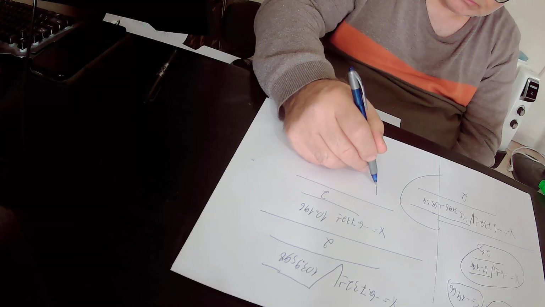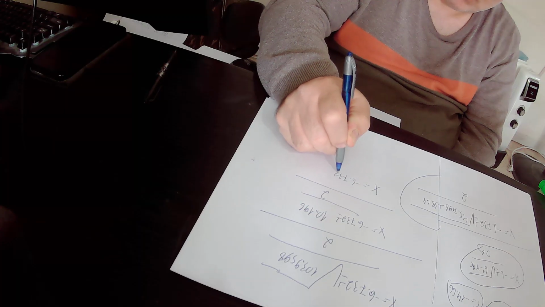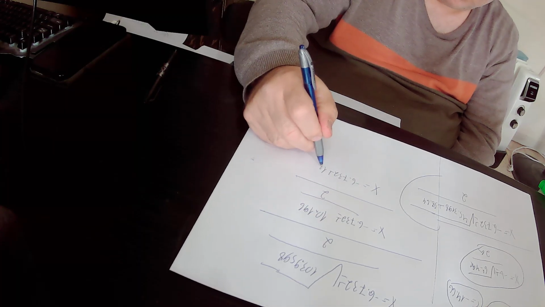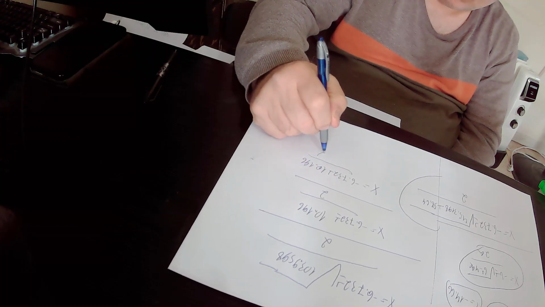According to the positive solution, x equals minus 6.732 plus 10.196, divided by 2.